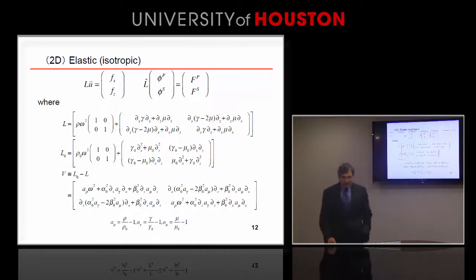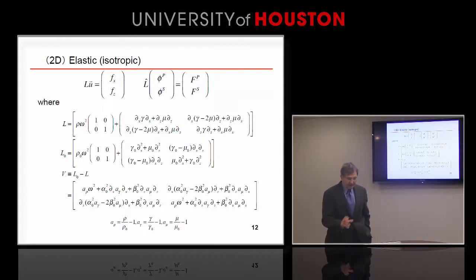There are off-diagonal terms. In a P-S coordinate system with a homogeneous medium, P and S are uncoupled. If you have any heterogeneity, P and S are coupled. They're not independent. They're not solved for independently. To solve for P, you must couple with S.